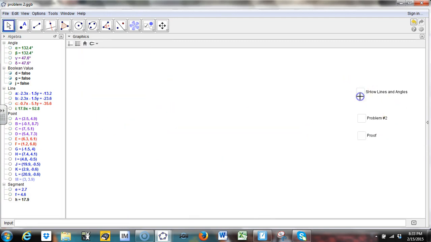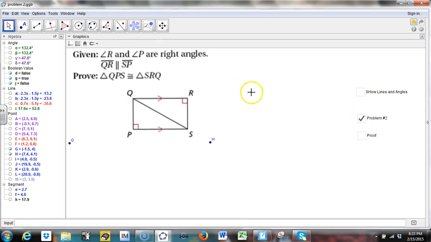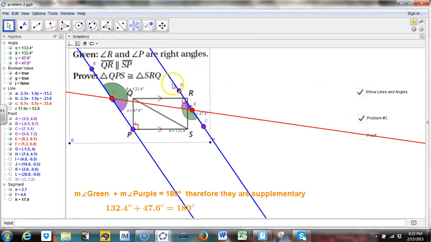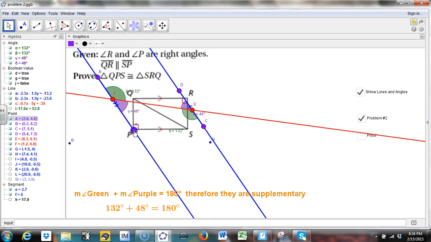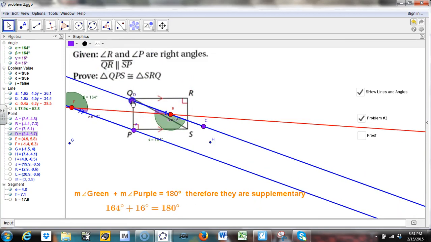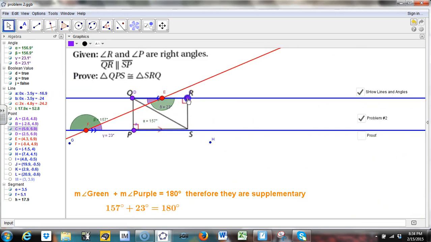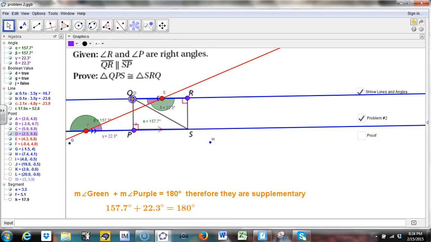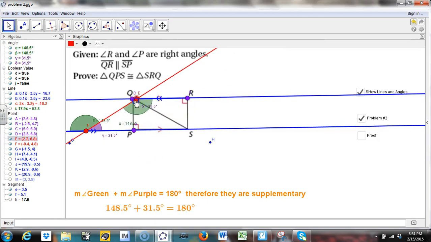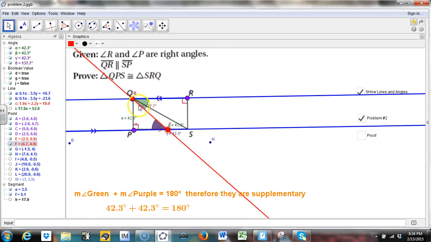Okay, so now, if we look back at this problem, I'm going to take those lines and put them on top of our picture here. So I'm going to move A to this corner. These purple points make my parallel lines, so I'm just going to move them. Now we've got our lines that are parallel, and I'm going to move my red line so that it's this transversal here.